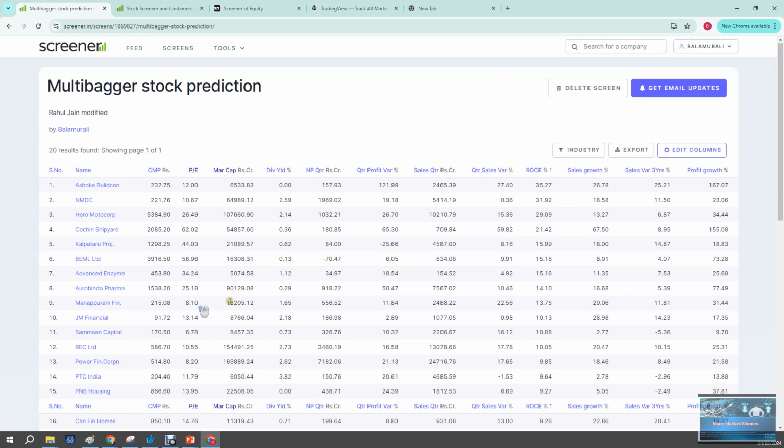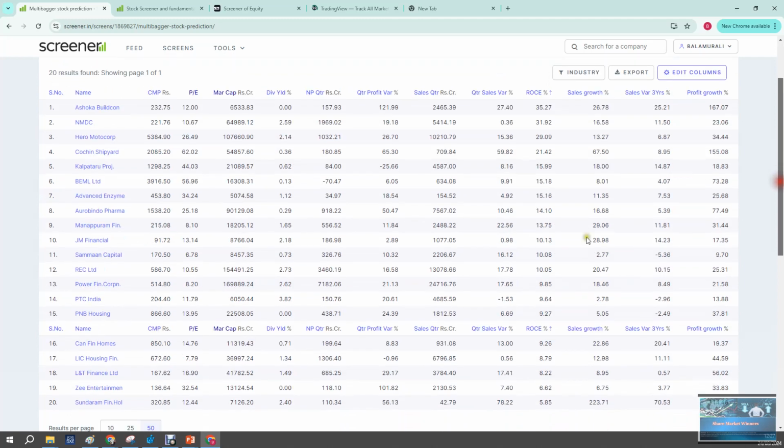For that, it has given the refined outcome which says that based on criteria which you have set, this is what you are finding. So Ashoka Build, that is one of the residential building and industrial building companies. Okay, NMDC. NMDC is another company where you can see a potential.